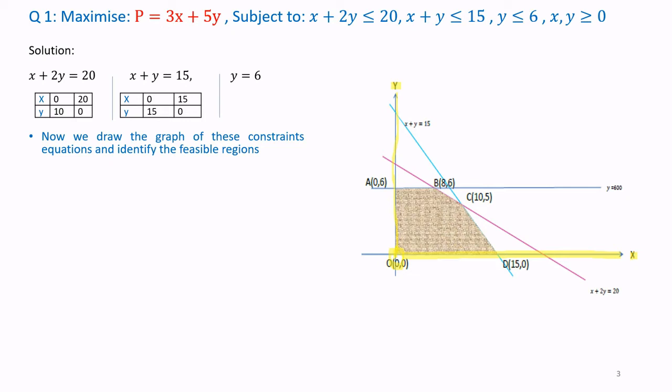The next line is, we will draw the equation of line x plus 2y. We know here, when x is equal to 0, y is equal to 10. So this is the point x is equal to 0 and we will mark the point y is equal to 10. Y is equal to 10 is here.